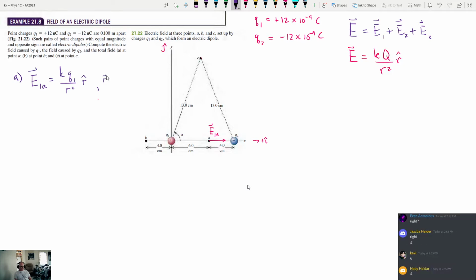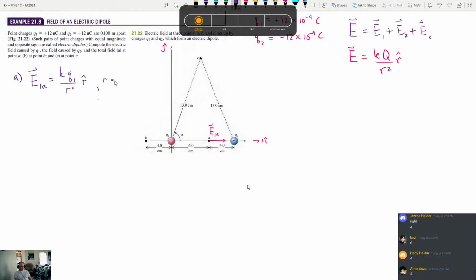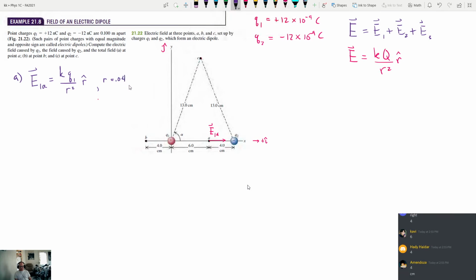So r is equal to 0.04 meters. And for r hat, what's r hat going to be equal to? Well, it might help to define r in terms of a vector, 0.04 meters times i hat, and then r hat is just going to be i hat, right?